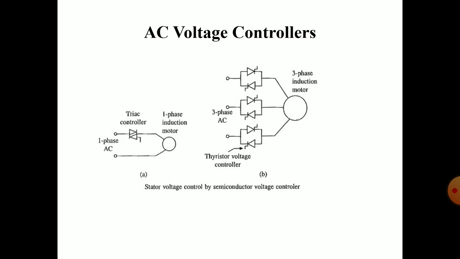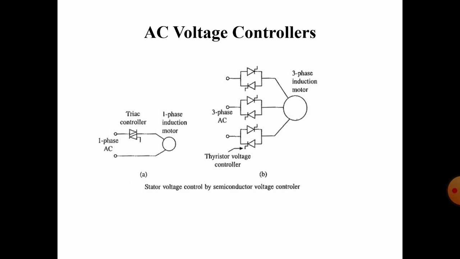By varying the firing angle of the triac, you can control the output voltage from the triac that is given to the induction motor. So by varying the voltage, you can control the speed of the induction motor. And in the figure B, there will be a three-phase induction motor, and the speed of this induction motor will be controlled by using the anti-parallel thyristors.